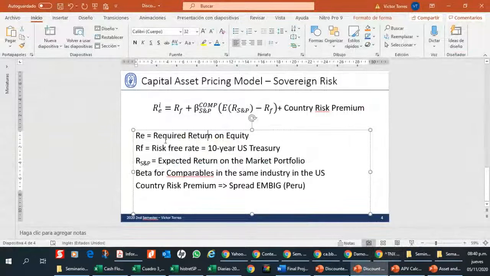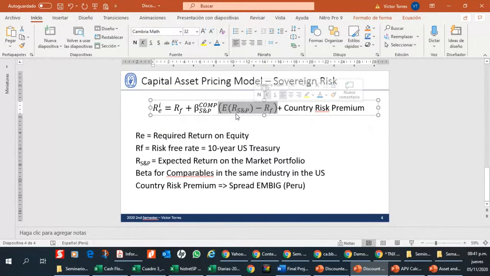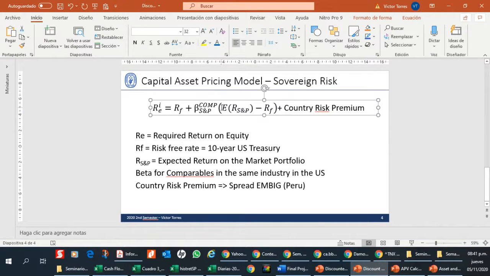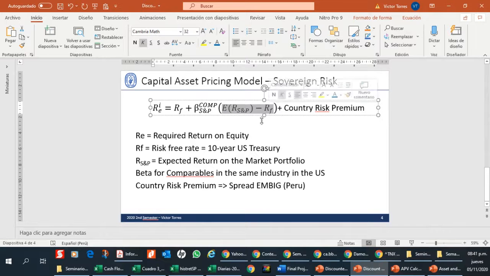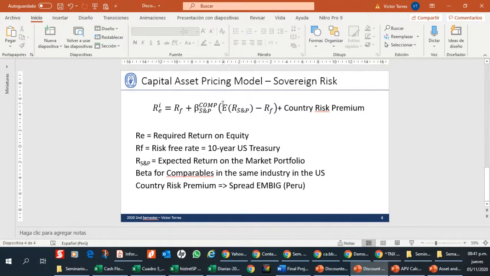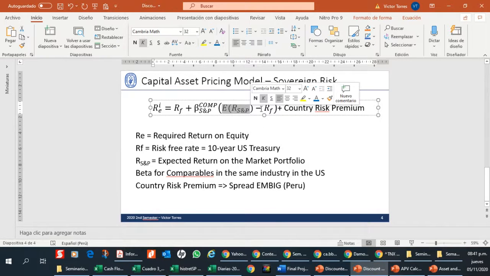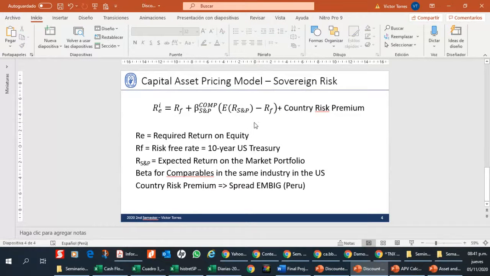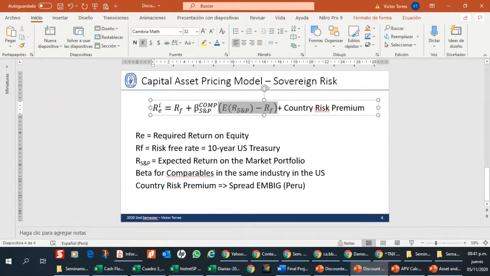Okay, with that in mind, I already touched base on the risk-free rate. Let's now touch base on the expected return on the market portfolio and on the market risk premium, right? We can calculate these individually, but what most practitioners do is estimate everything as a whole, the market risk premium.